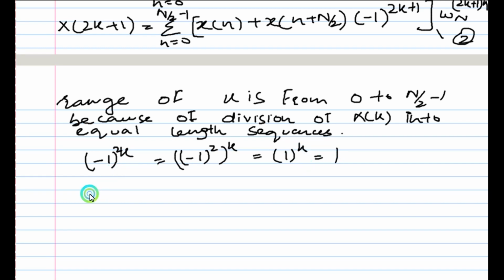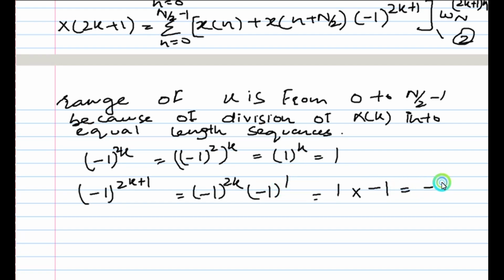Next I have minus 1 raised to power 2k plus 1. I can break it down: it will be minus 1 raised to power 2k into minus 1 raised to power 1. I know minus 1 raised to power 2k is 1, and minus 1 raised to power 1 is minus 1, so this will be minus 1. Let's name this 3 and this 4.